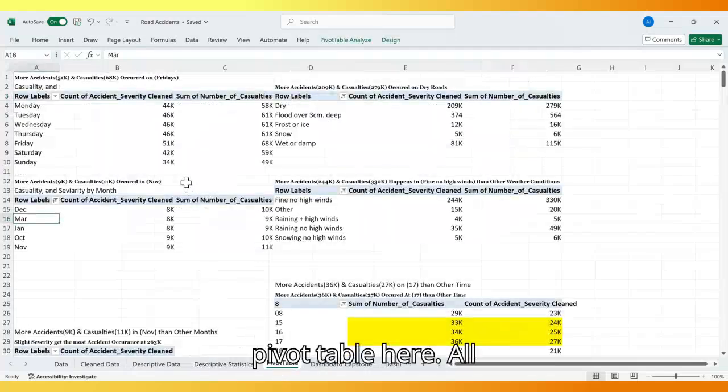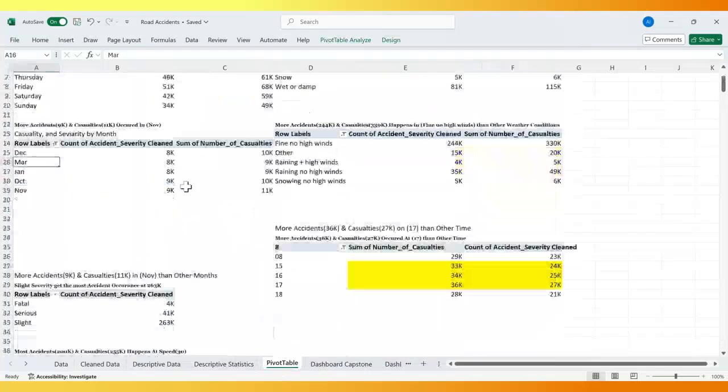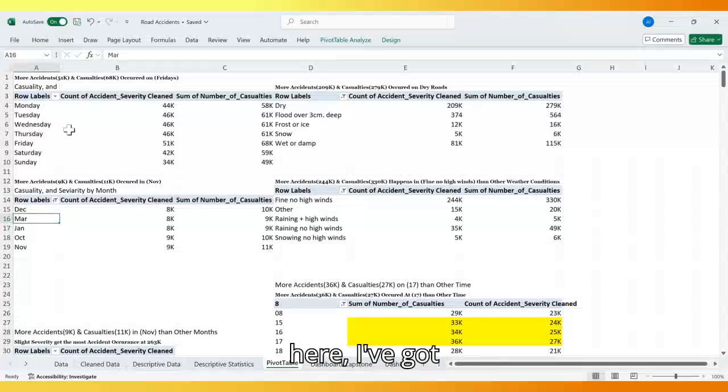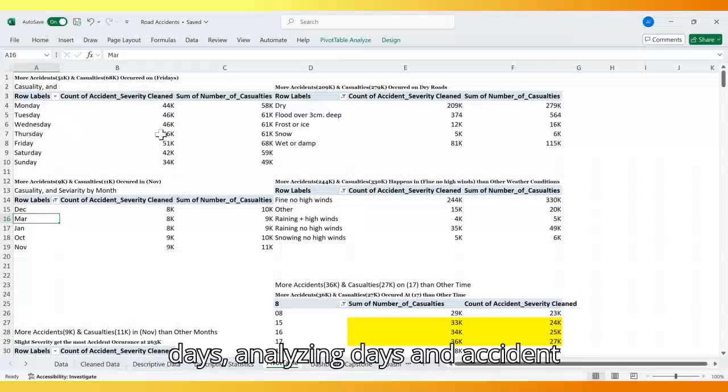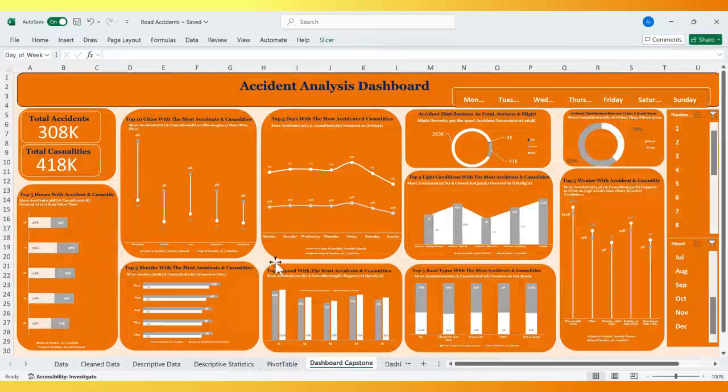I've got my pivot table here. I've got a pivot table by days, analyzing days and accident trends, analyzing trends by month, analyzing accidents by weather condition, and here I've got my dashboard.